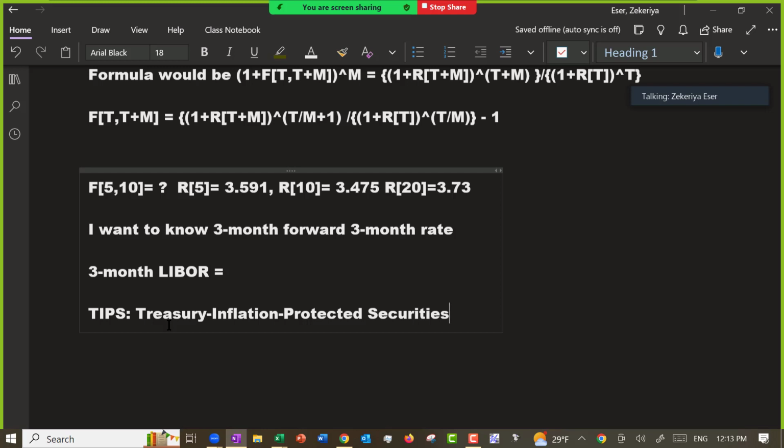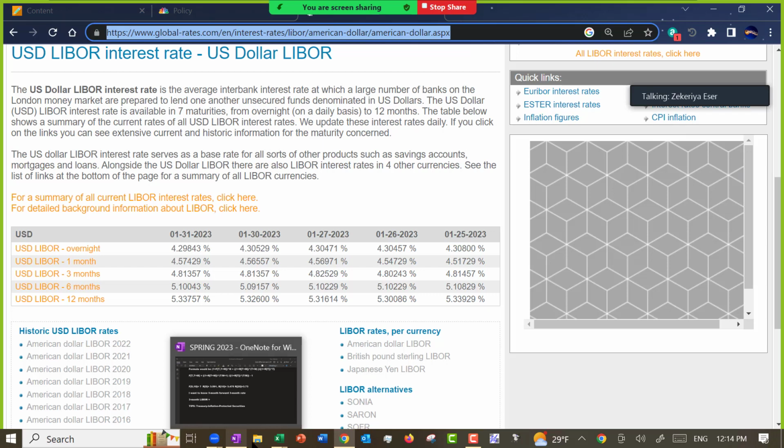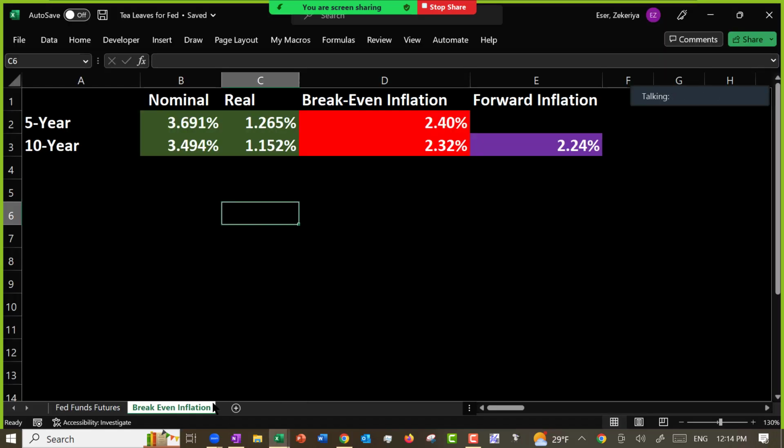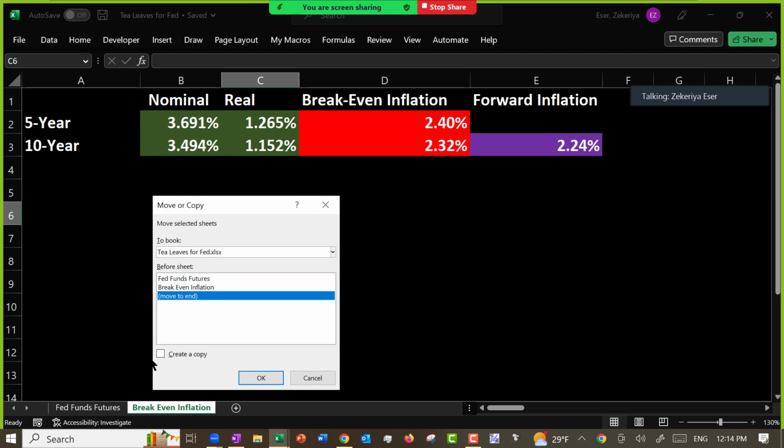So whether inflation is 5% or 100%, in terms of purchasing power, you get exactly the same amount of money plus the real interest. So I kind of look at the break-even inflation implied by bond prices. Let me move this one to here.